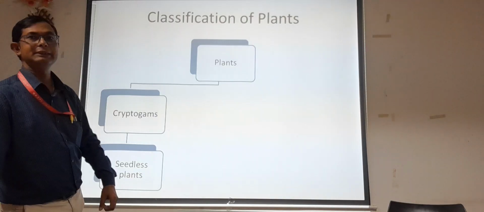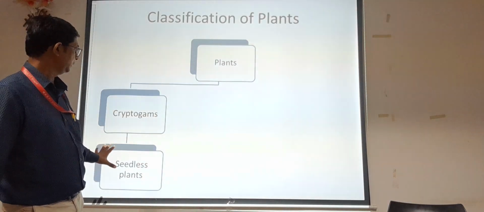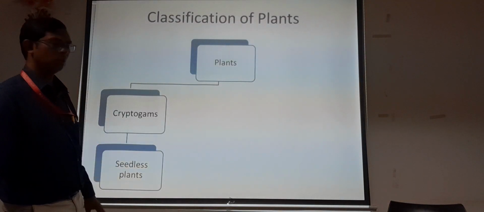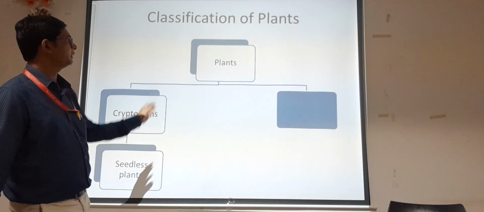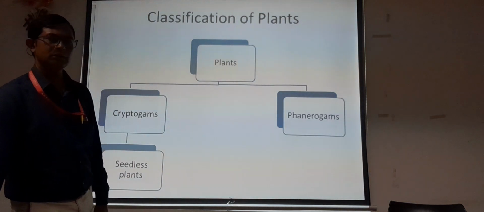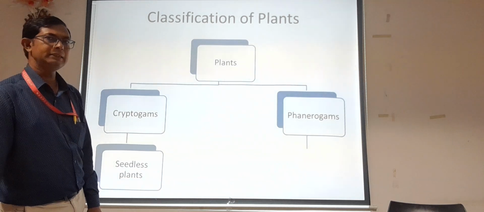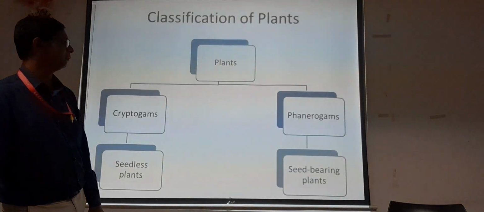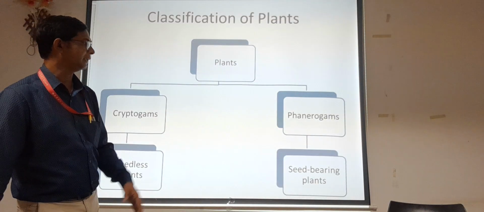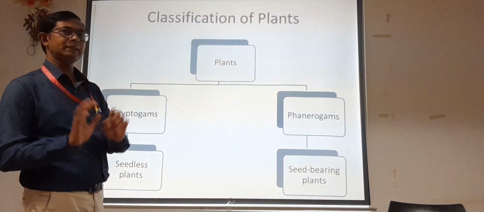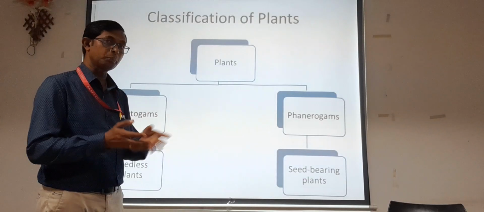Cryptogams are the seedless plants. They never bear seeds, and they are known as seedless plants. On the other hand, there is another group of plants known as phanerogams, which have the characteristic of being seed bearing plants. So on earth there are two types of plants.